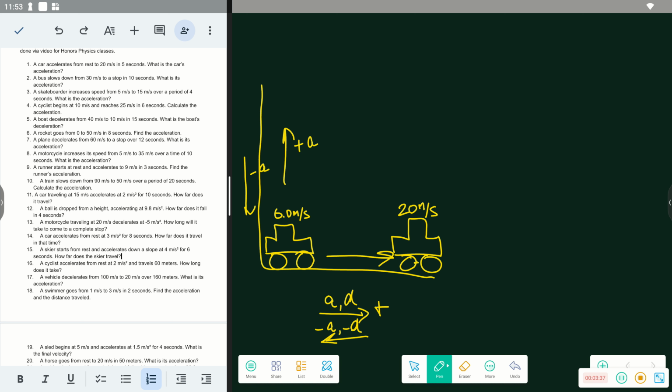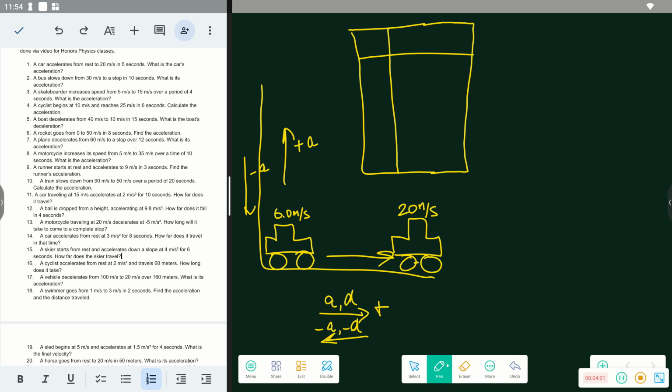Okay, so next thing to do is make your chart: initial velocity, final velocity, acceleration, time, and displacement.